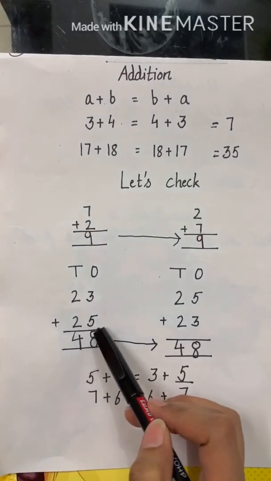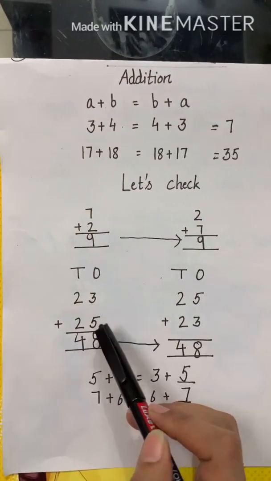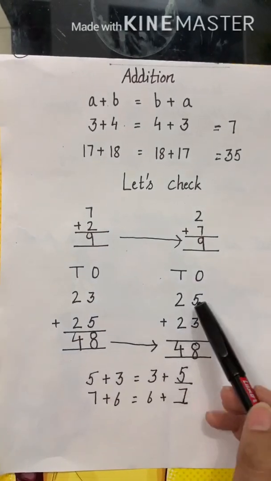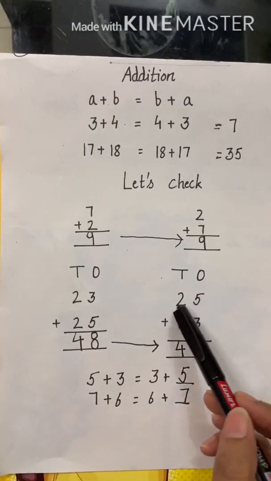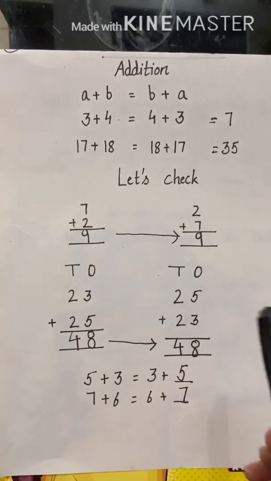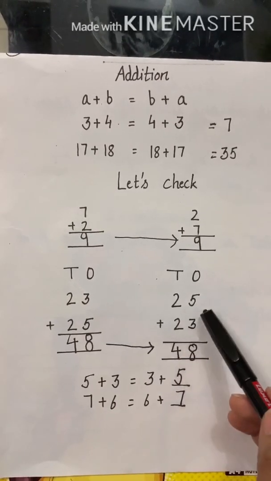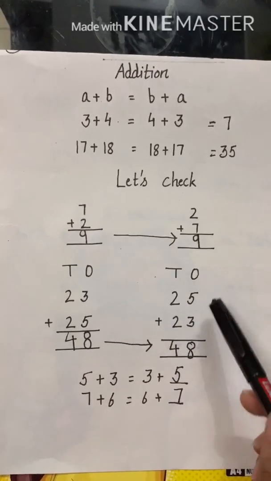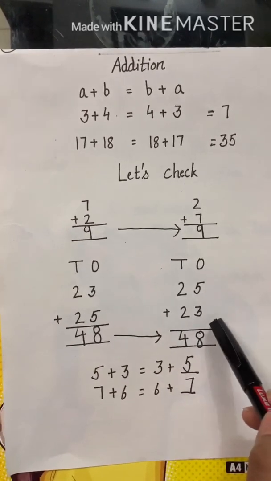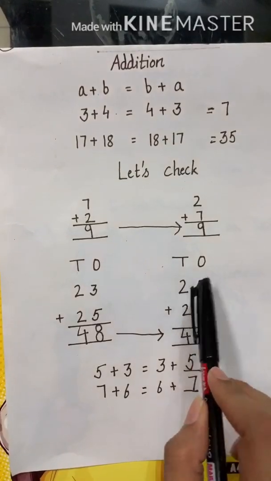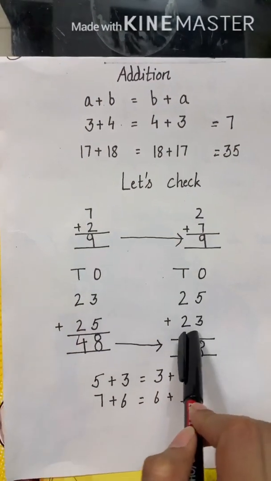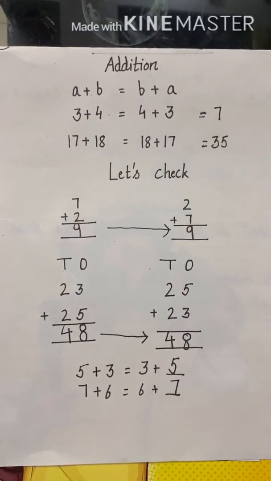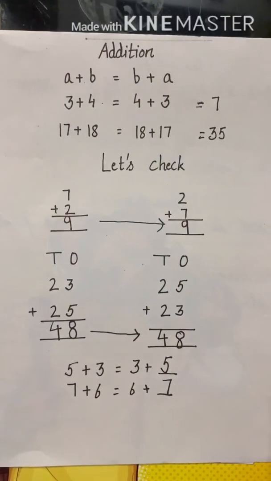If the number is 25, I'm going to use 25 only. But if I'm writing 23 first and then 25, that I can change. I cannot change the position of tens and ones. Getting me? We cannot change the position of tens and ones. We are changing the position from top to bottom. First number, second number. The second number can be written as the first number, and the first number can be written as the second number. So in the columns, while arranging them, we can change their positions.